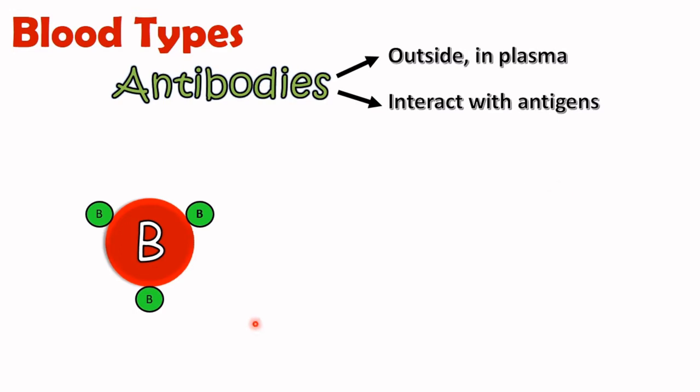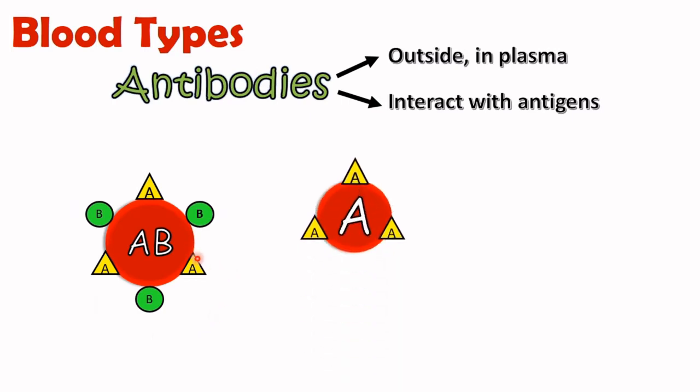So next we will go for the AB blood type. Okay, remember the opposite concept. Since the AB blood type has both antigens, antigen A and also antigen B, as you can see, there are no opposite antigens on the same surface of the red blood cells, meaning that there are no antibodies here.